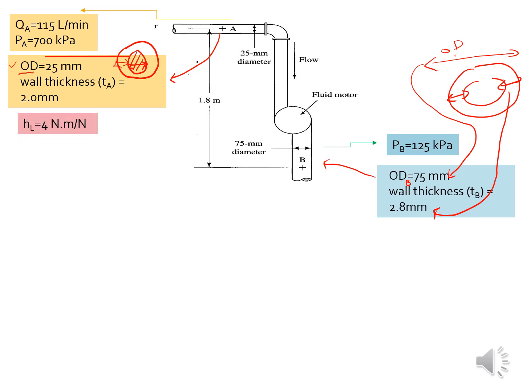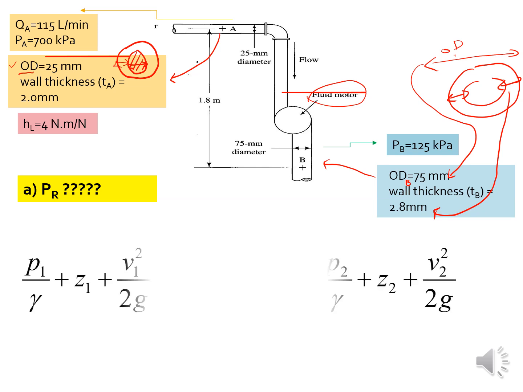It also provides us the energy loss due to friction inside the device, and friction due to the fluid inside the system, which is 4 Newton meter per Newton. We need to determine the power removed by this fluid motor. This is the formula that we can use to calculate PR.